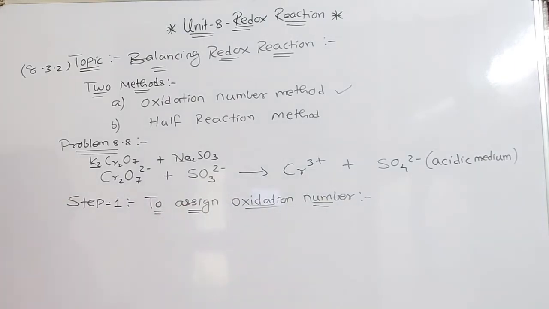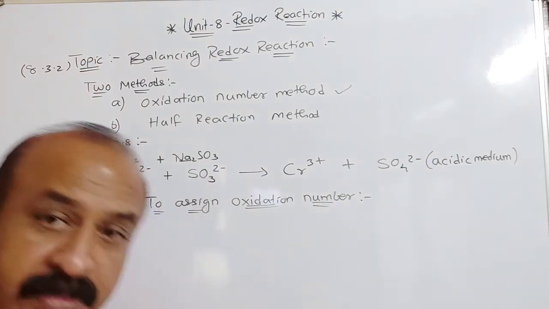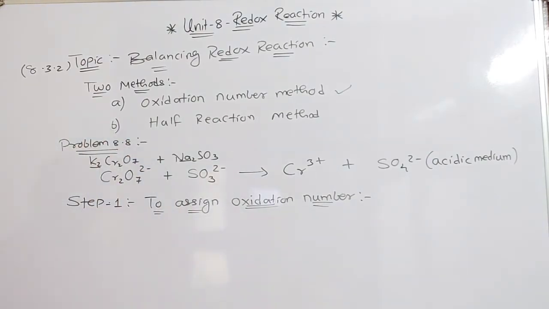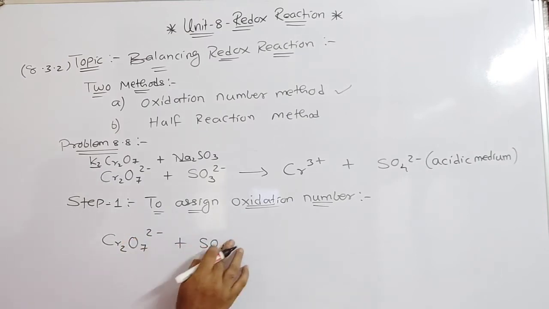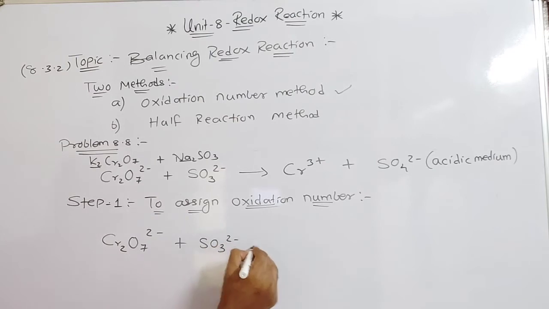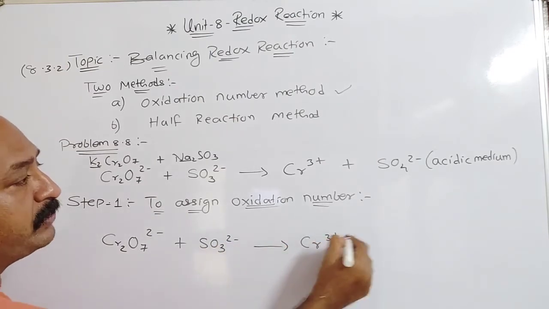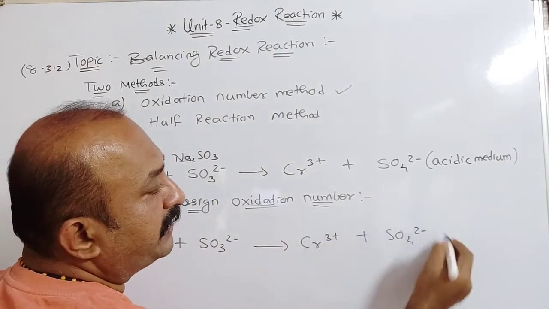We have already studied how to find the oxidation number of a given atom in a compound. In this case the reaction is Cr2O7 2- plus SO3 2- gives Cr3+ and SO4 2-.